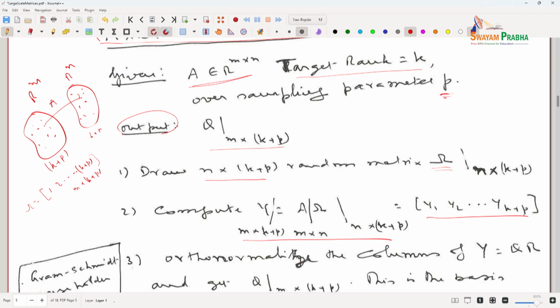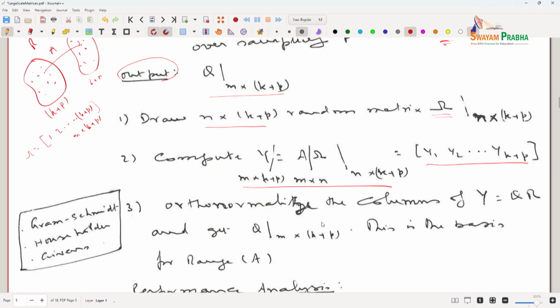I am now going to orthogonalize the columns of Y, which is QR. And once I have orthogonalized Y by a QR decomposition, Q is the matrix of interest to us. So, this is the basis for the range of A. And this is done by the Gram-Schmidt approach.